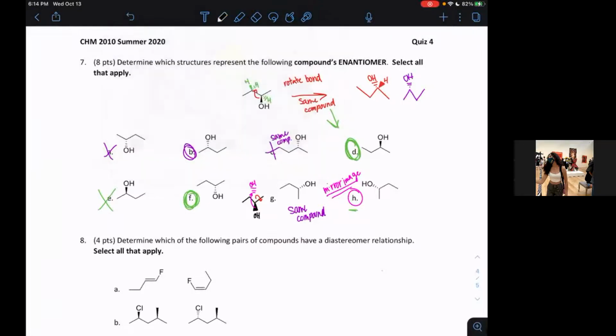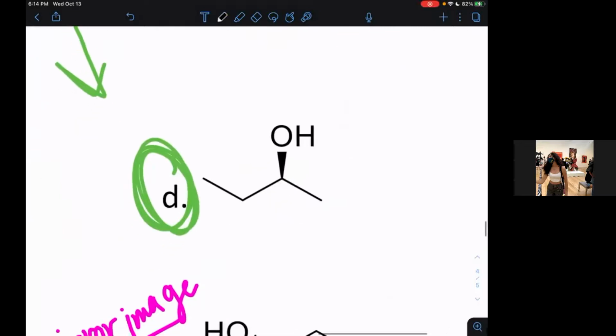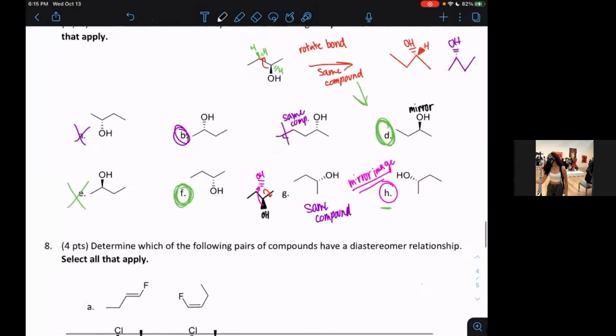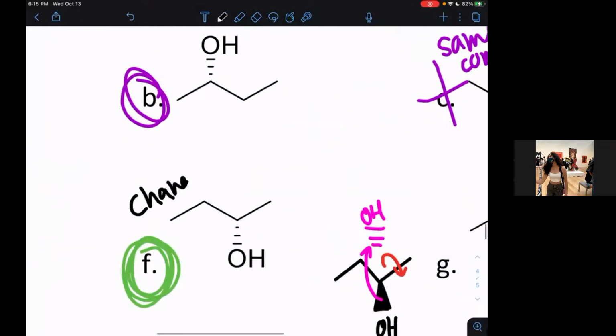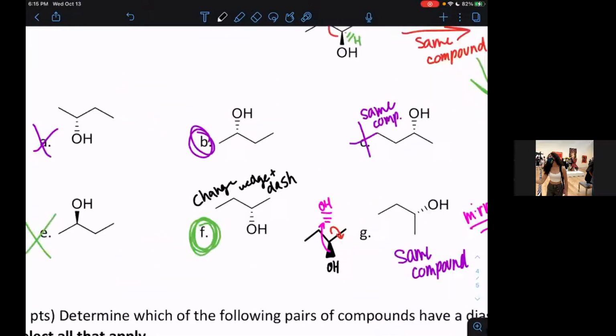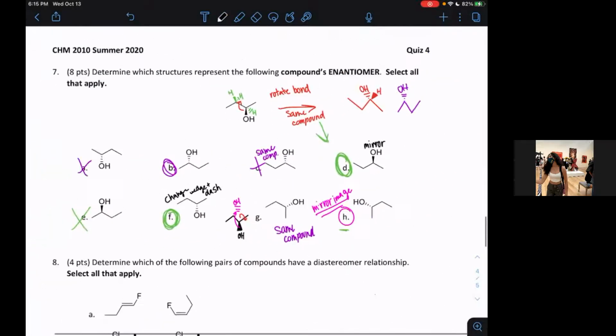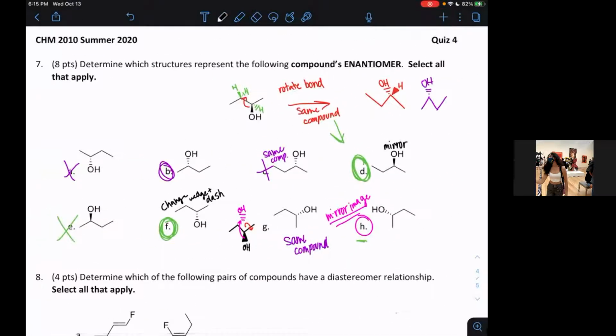So here, I guess we'll write little notes. So this is a mirror image, and then B came from rotating the bond over here.